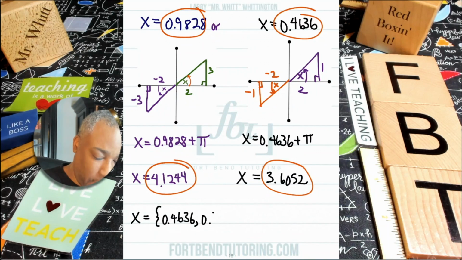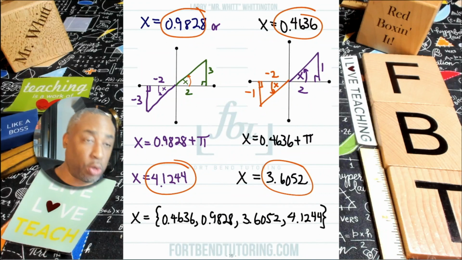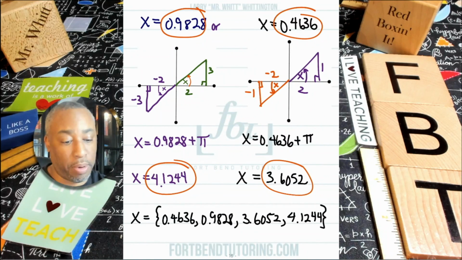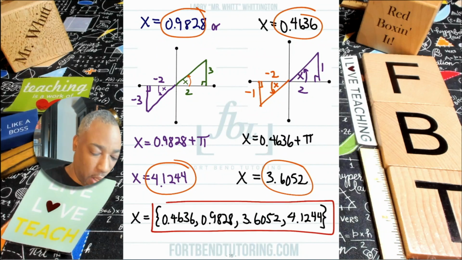We'll also have the 9,828 10,000ths. You'll also end up with 3 and 6,052 10,000ths, as well as the 4 and 1,244 10,000ths as your final answers for problem number 5. Let's go ahead and red box it with a nice red box like that, guys.